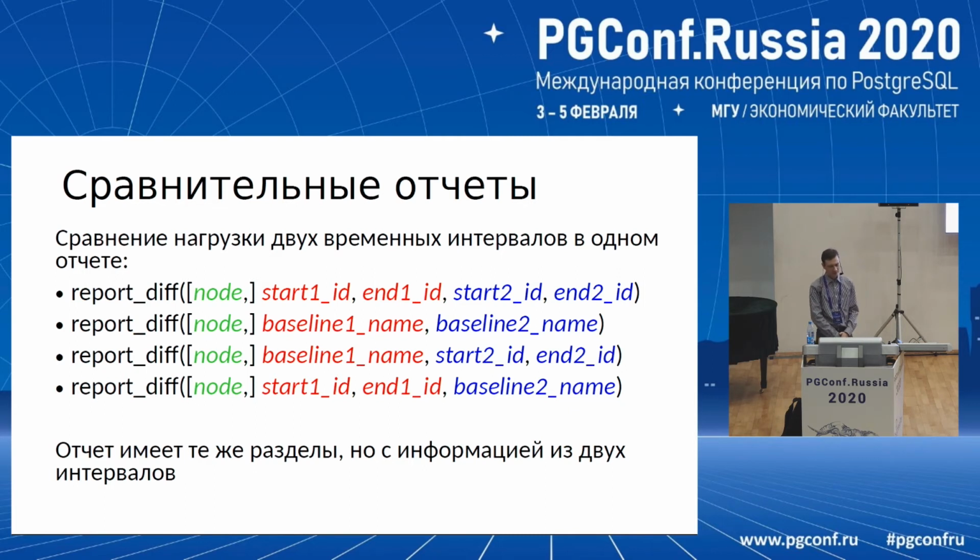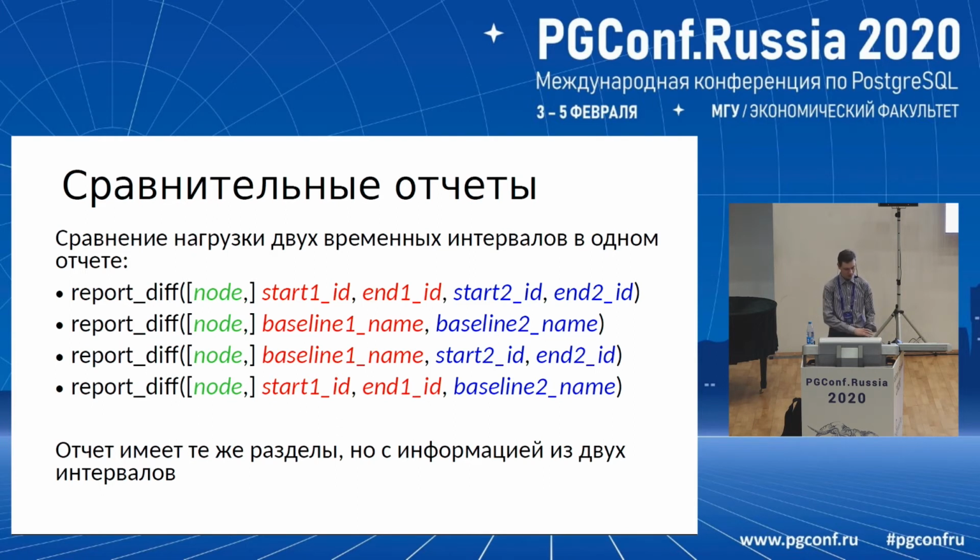But it's not done exactly the same as in Oracle, because Oracle has some peculiarities that are not very understandable. So here I am relying on the intellect of the administrator who is going to be examining this report. We just have four functions that differ only in what we are comparing against each other: either by the identifiers of the snapshots or by the baseline names, and all of their combinations.